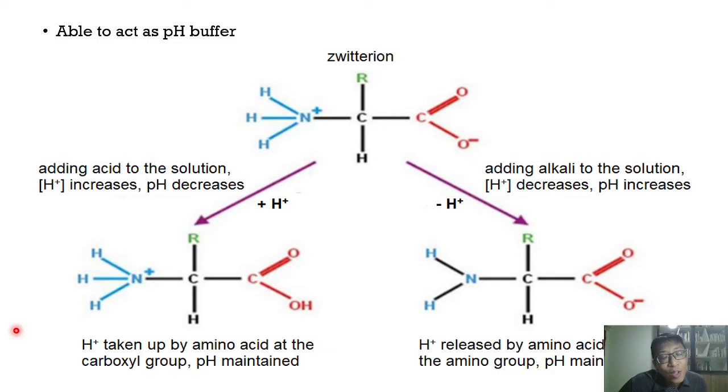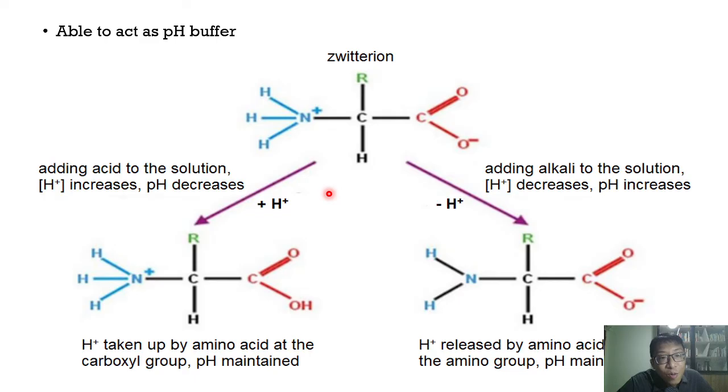Okay, so amino acids, when they are dissolved in water or in solution, are able to act as a pH buffer. A pH buffer is something that resists changes in pH or maintains a particular pH. So how does an amino acid do that?